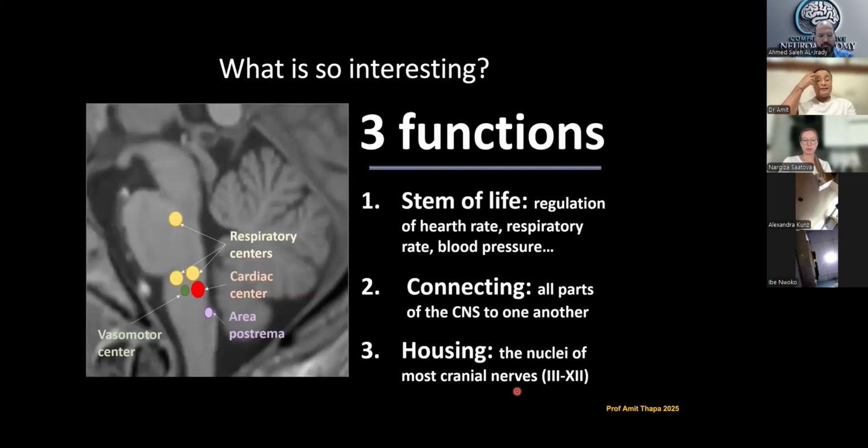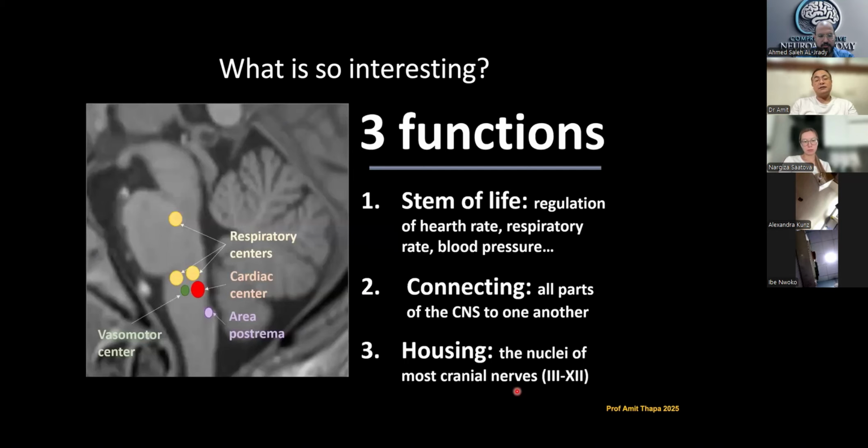So why the brainstem? What is so interesting about it? Well, when I was thinking about this, it came to mind that there are 3 functions which are very interesting in the brainstem, which are rather exclusive to this particular part of the brain. In fact, the brainstem only takes 2.6% of the total cardiac output, but it does functions which no other part of the body, including the brain, can do.